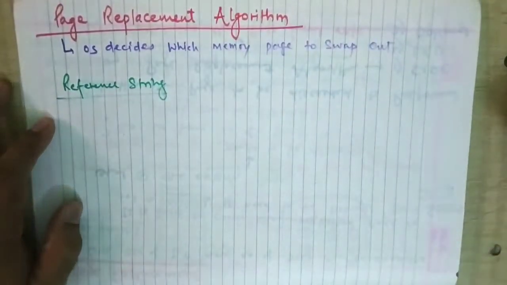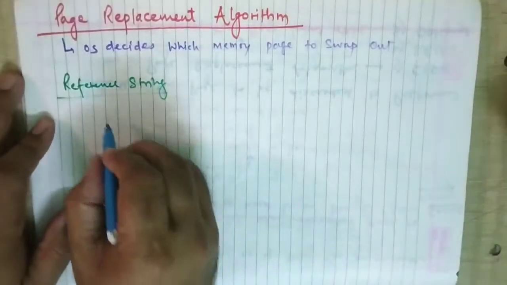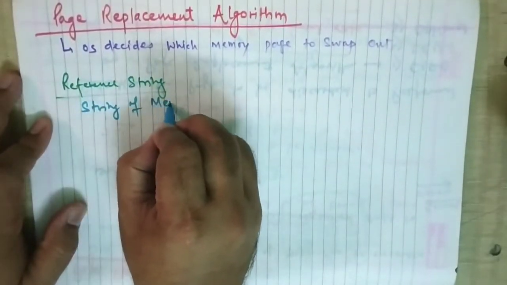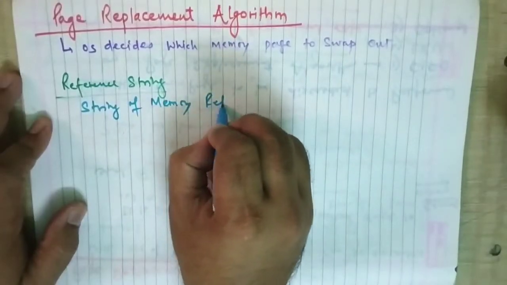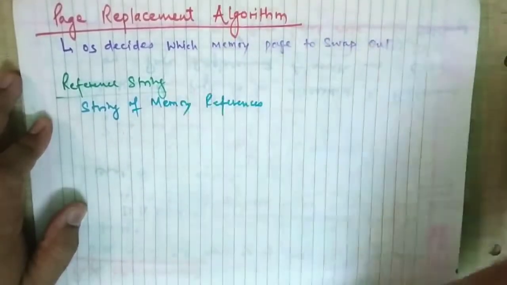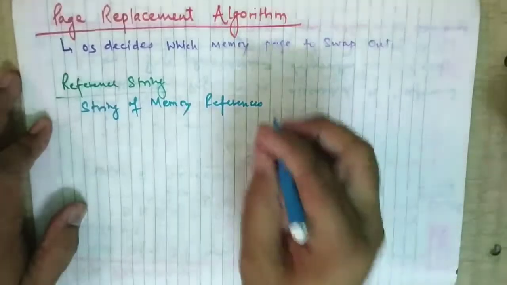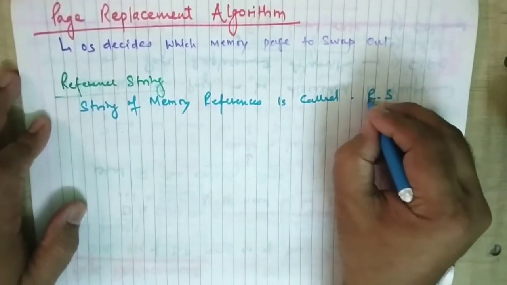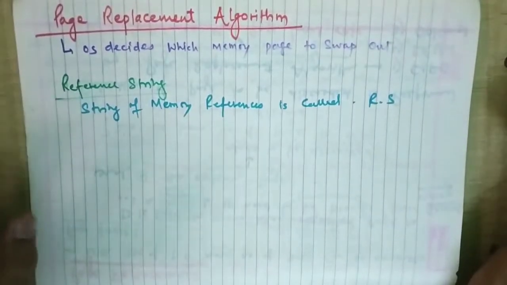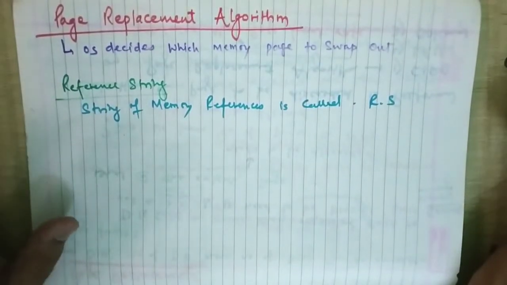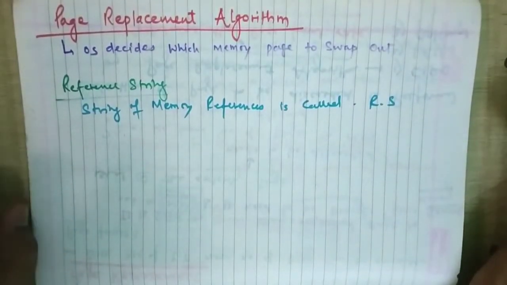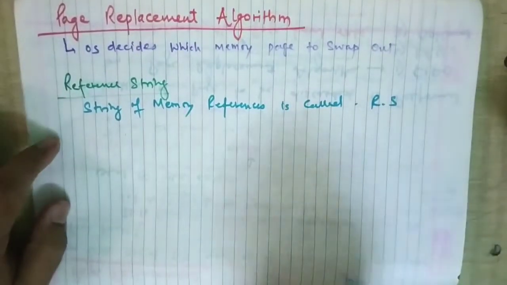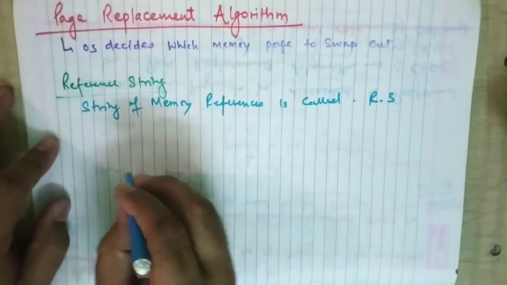A string of memory references is called a reference string. Reference strings are generated artificially or by tracing a given system and recording the address of each memory reference.